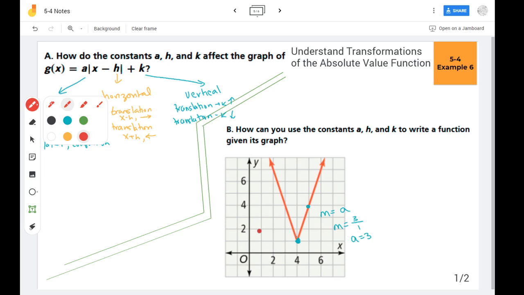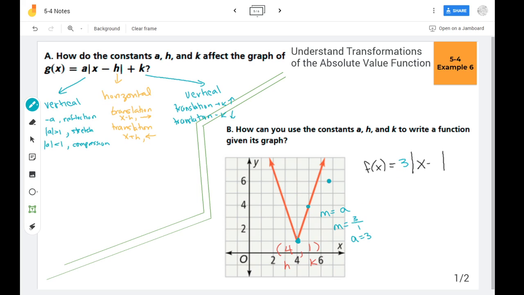So then my h and k values come from this vertex. So my vertex is at 4, 1. And so that's my h and my k. So if I go to create my function, I'm going to leave room for the a. And then I have an x minus, and then I'll have a plus k on here. Alright, so my a value, again, the slope of that right-hand side, was 3.